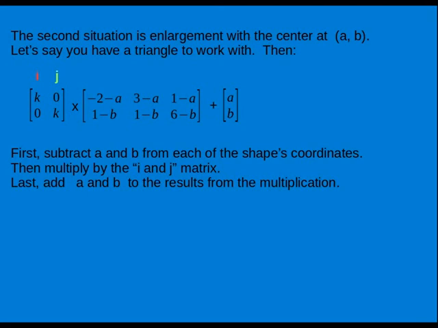And also, for the second row of the triangle coordinates, we're subtracting the b value from 1, 1, and 6. Then this result of the subtractions would be multiplied by the I and j matrix. And finally, the results of that would be added to a and b, just in a similar way to how we did the translation at the very beginning. So the results after the multiplication have a over b added to them.